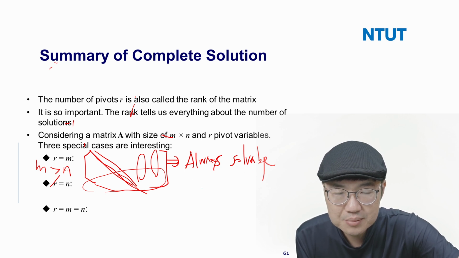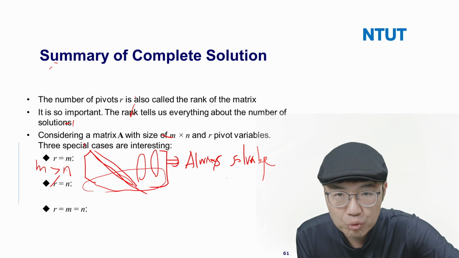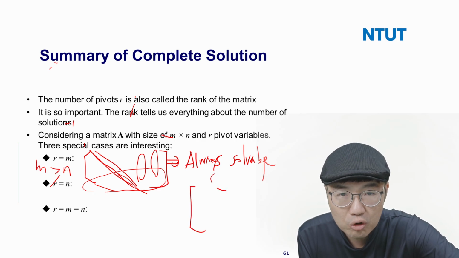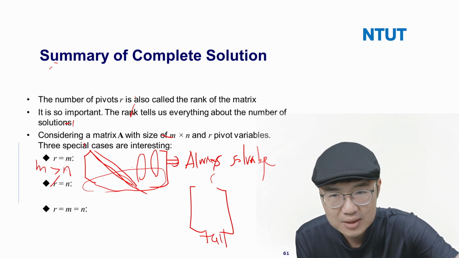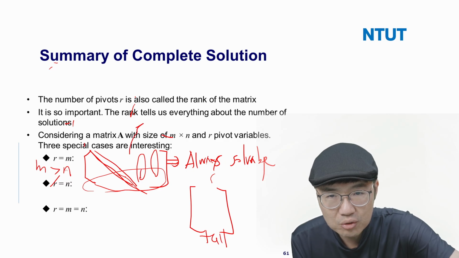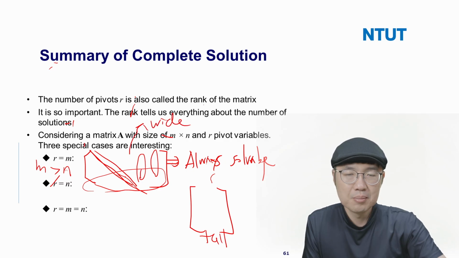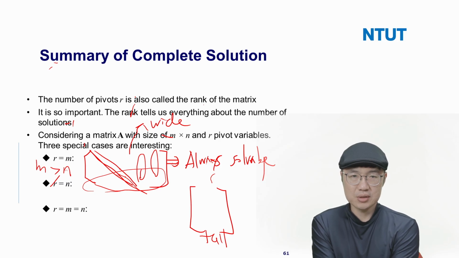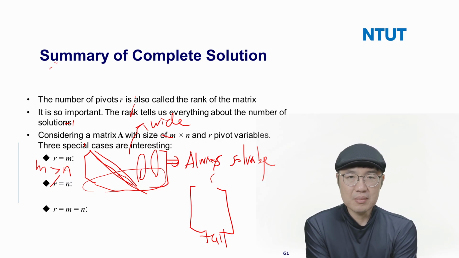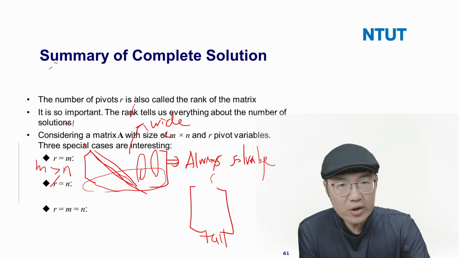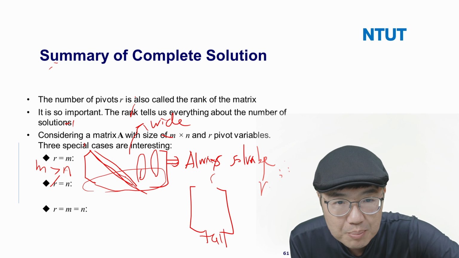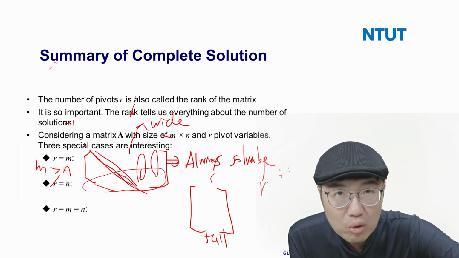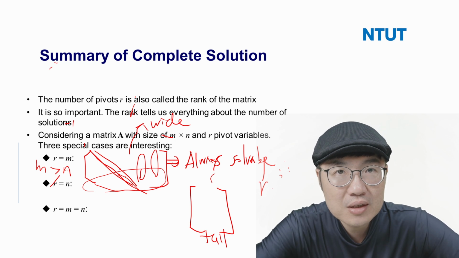When R equals N, oh, by the way, can we have a tall matrix? This is called a tall matrix if it has more rows, fewer columns. And this is called a wide matrix: more columns, fewer rows. Can R equals M be a tall matrix? No, because remember, the number of independent columns will always be the number of independent rows.